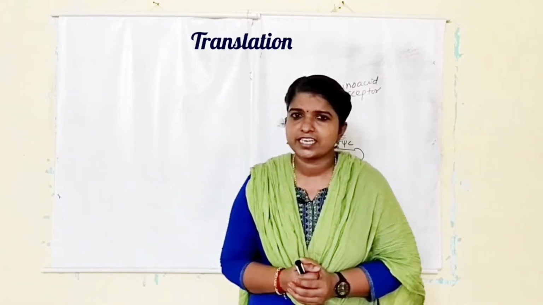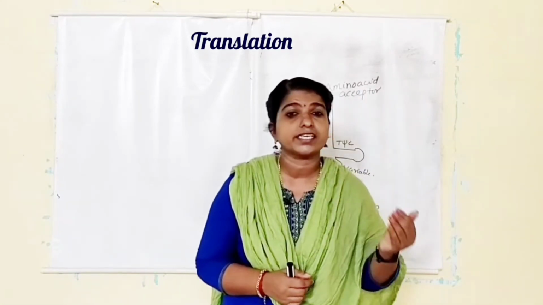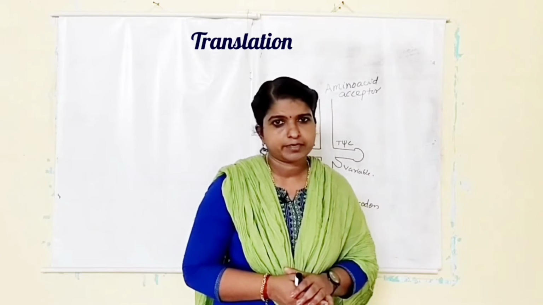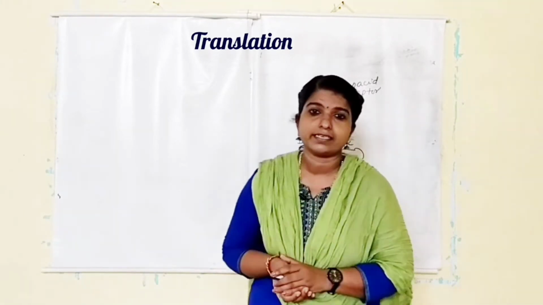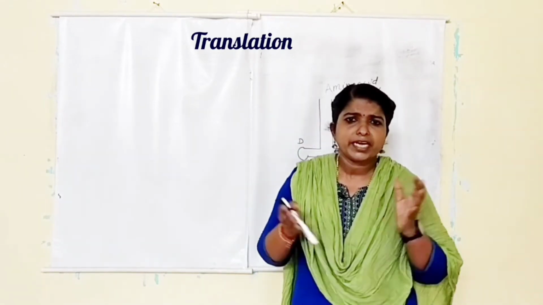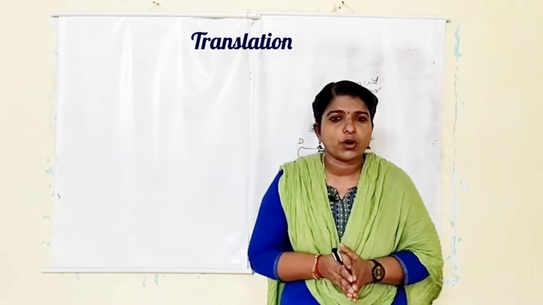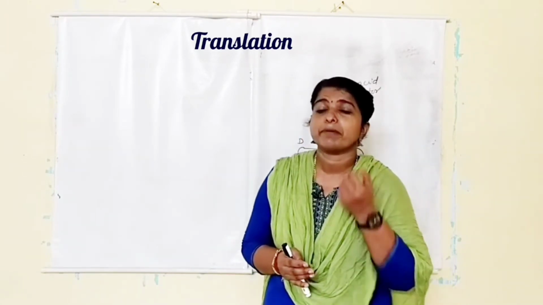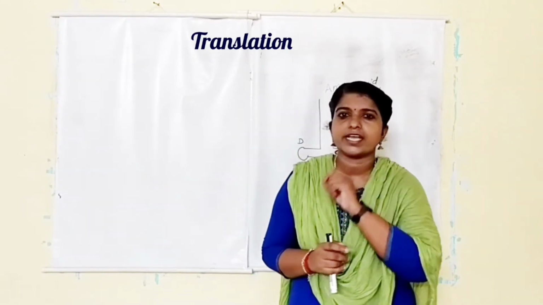What is translation? The process of polymerization of amino acids into polypeptide, or in simple words, the process of formation of proteins. You know, in a protein, that is in a polypeptide, many amino acids are there. These amino acids are joined with the help of which bond? Peptide bond. But the formation of peptide bond requires energy.